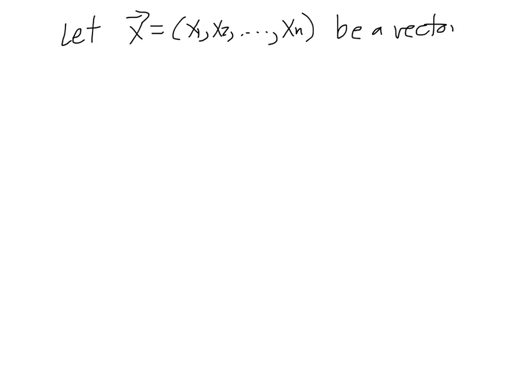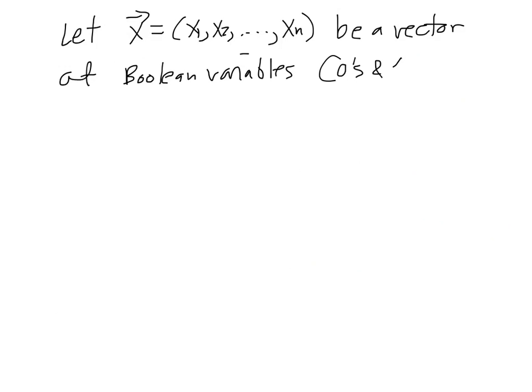So to define Boolean networks, let x, which is x1, x2 through xn, be a vector of Boolean variables, so zeros and ones, and f1 through fn Boolean functions.